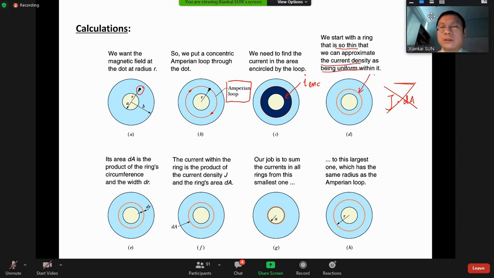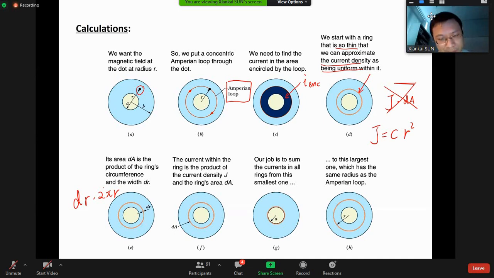So basically, we're talking about this thin ring. Because this current only depends on the radius, not on the azimuthal angle, if the radius is given, then the current density should be uniform along that ring. Okay, so the area of that thin ring is simply dr times 2 pi r.